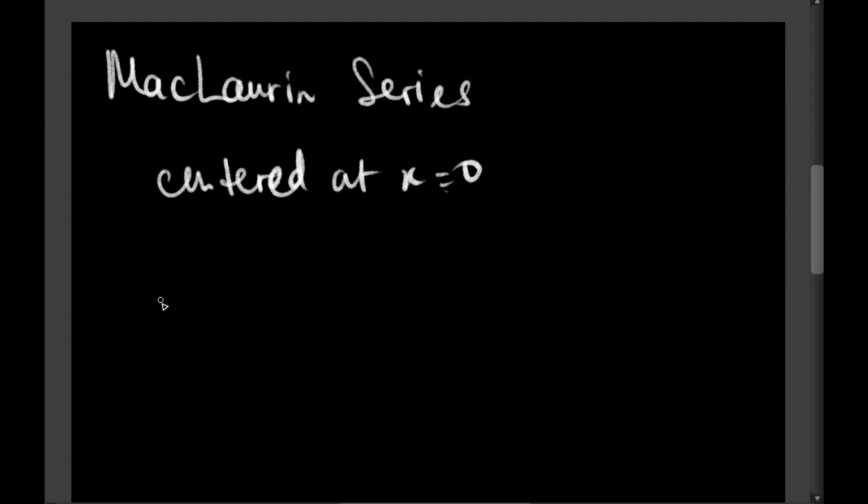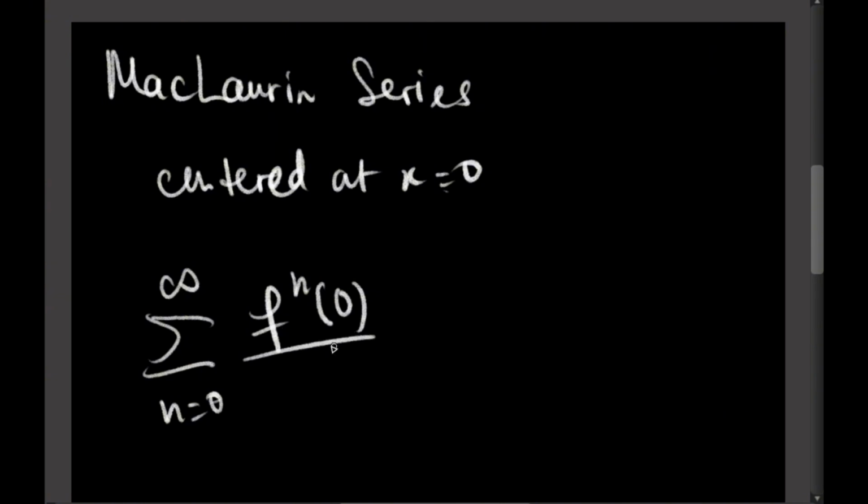So basically, it's written like this: it's going to be f^(n)(0) over the factorial of n, and we're going to multiply it by (x minus 0) to the power of n, so it's basically x to the power of n.